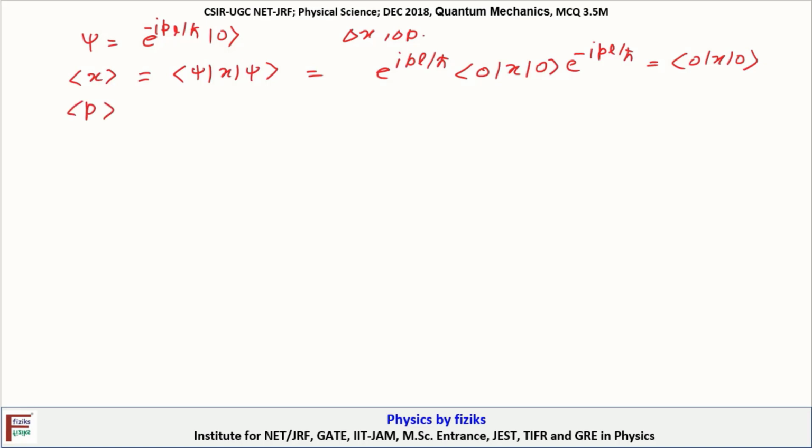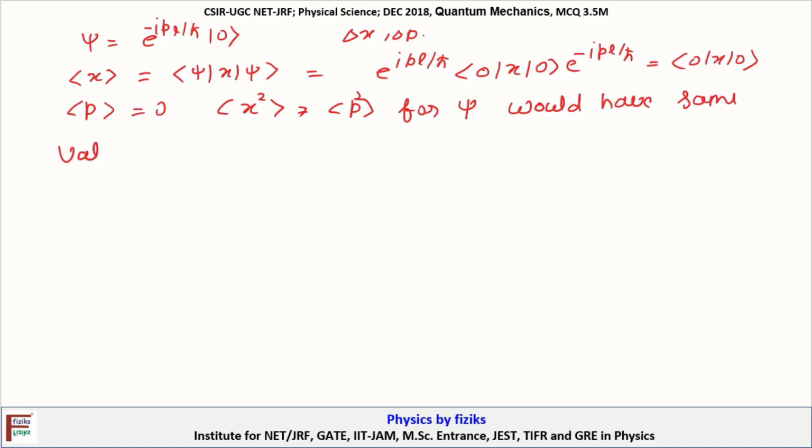Similarly, the value of p would be 0, and x square and p square for this psi would have the same value as we obtained for state psi 0.